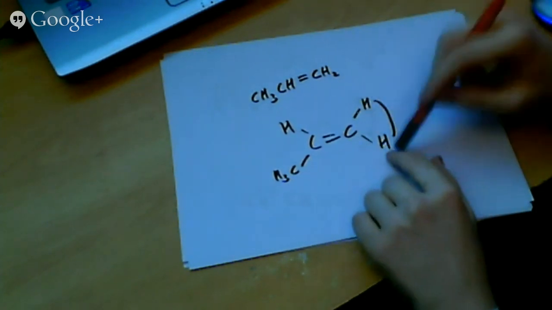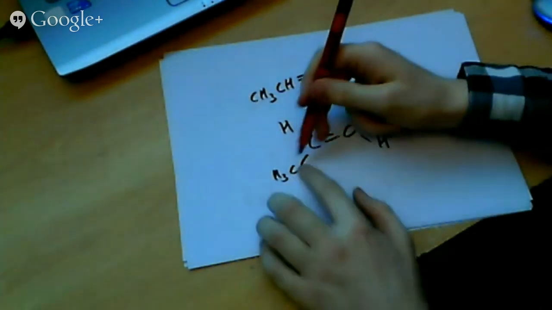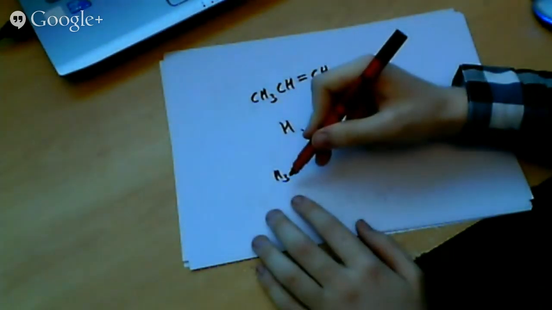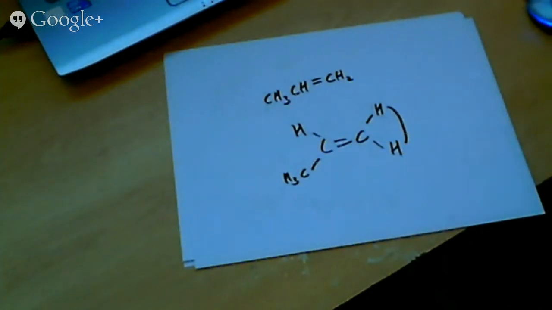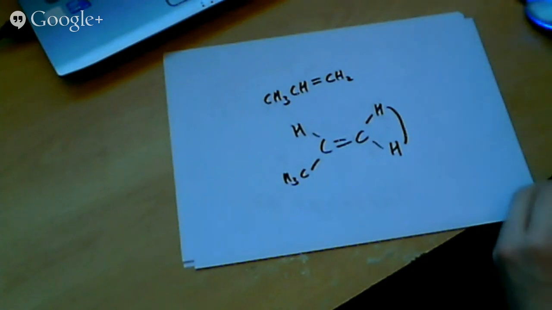So you've got two hydrogens on the same carbon. So if you broke the bond here and swapped them around, you'd have CH3 and H here, it's the exact same molecule. It's not got a different arrangement in space because you can just flip the molecule upside down.